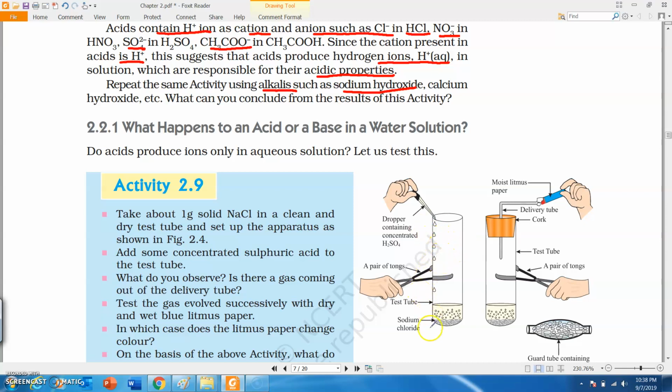तो क्या होगा, जब सोडियम क्लोराइड में कंसंट्रेटेड सल्फ्यूरिक एसिड हम डालेंगे तो रिएक्शन होगा, तो क्या बनेगा, सोडियम सल्फेट, here it is sodium chloride and here it is H2SO4.